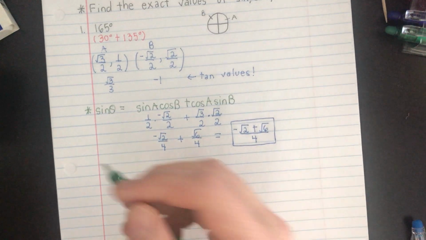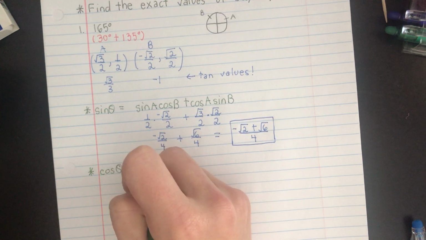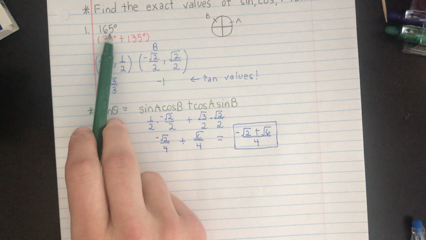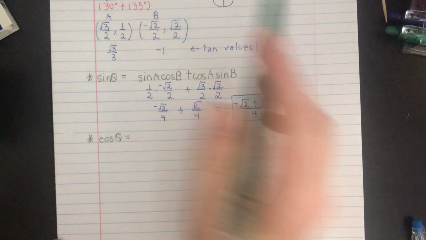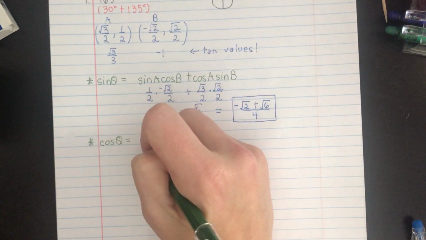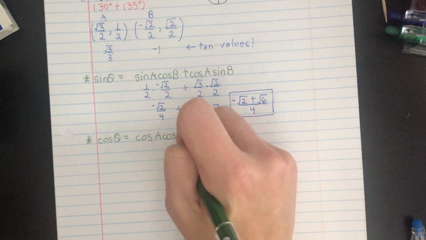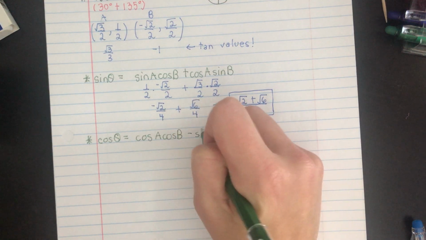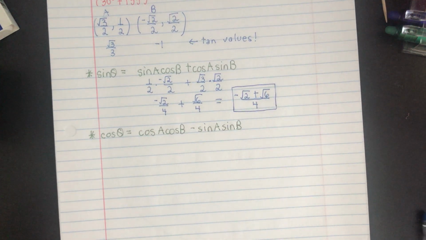Okay, that's sine. Now let's do cosine. Cosine of theta, where theta is our 165. Okay, our formula says, since it's sum, we're not using the difference, we're using the sum formula. It is cosine of A, cosine of B, again getting this off the formula card, minus sine of A, sine of B. So let's go to town.